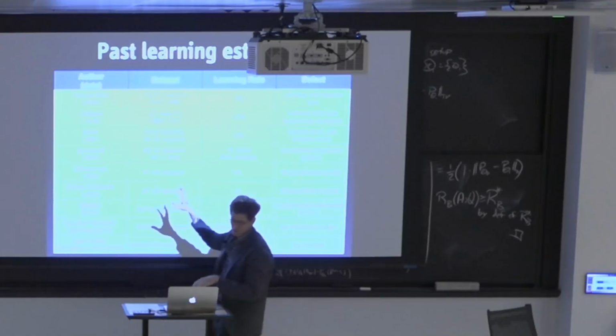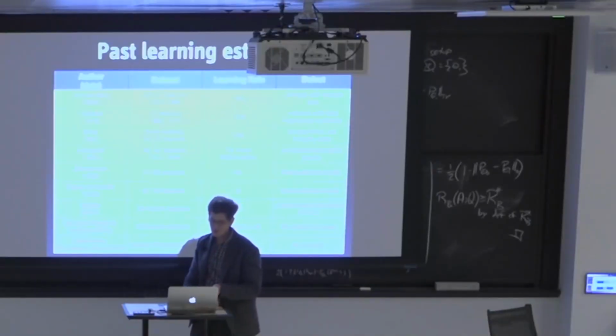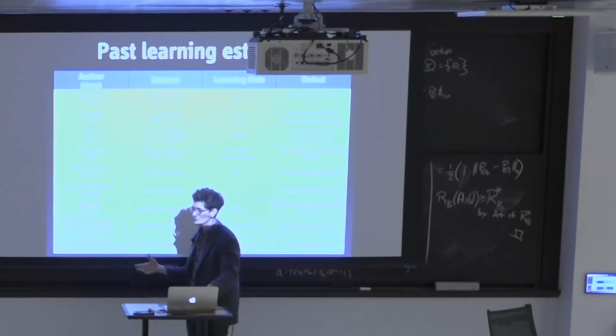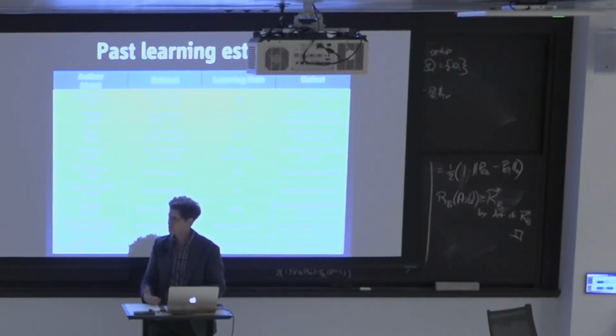These second 2 focused on construction firms rather than on the cost to the utility. And they concluded that construction firms were bringing their costs down, or were actually building reactors faster, but the costs were not coming down.